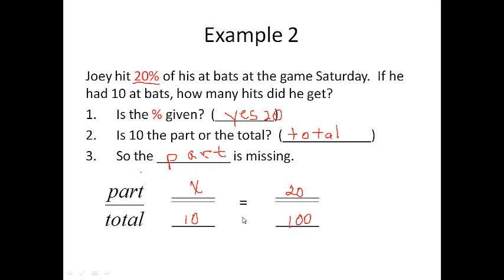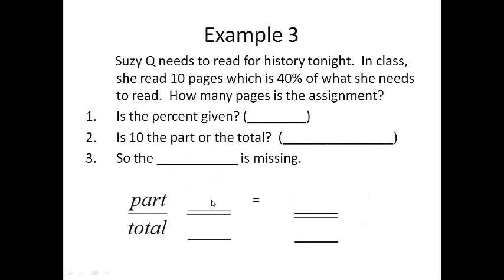Now this one's a little bit different because our number's missing over here. We could think 10 times 10 is 100, so what number times 10 would be 20? Say the answer out loud. I hope you said 2, because X equals 2.